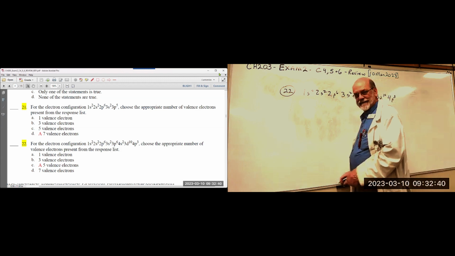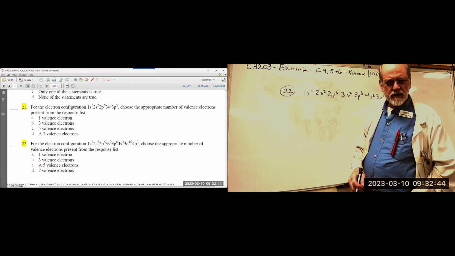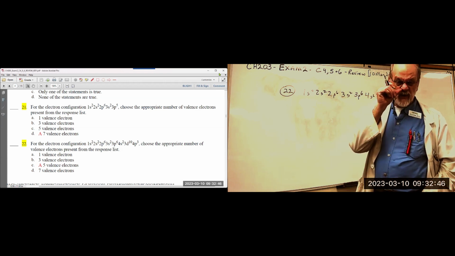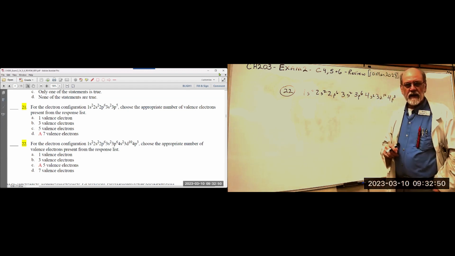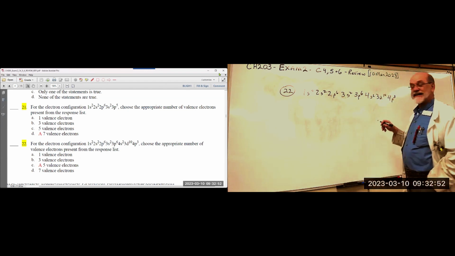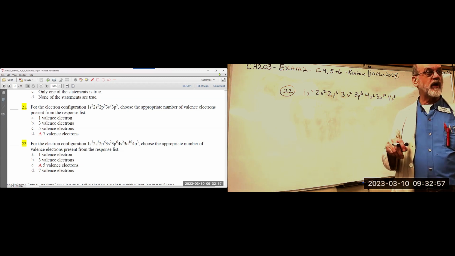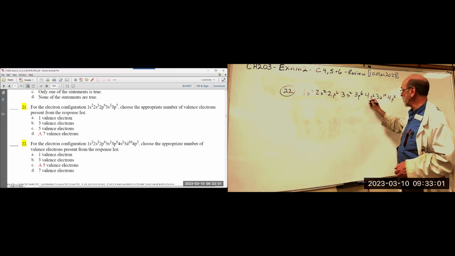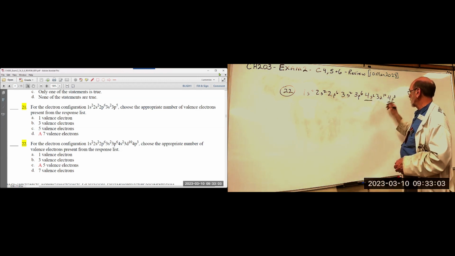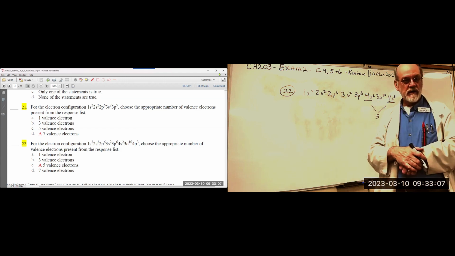Okay. So what's the question? Choose the appropriate number of valence electrons present from the response list. Like I said before, you go to the highest energy level. And how do we know the energy level? It's the principal quantum number. It's this thing right here. So we have a 4 here. We have a 4 here. So that together is 5 valence electrons.